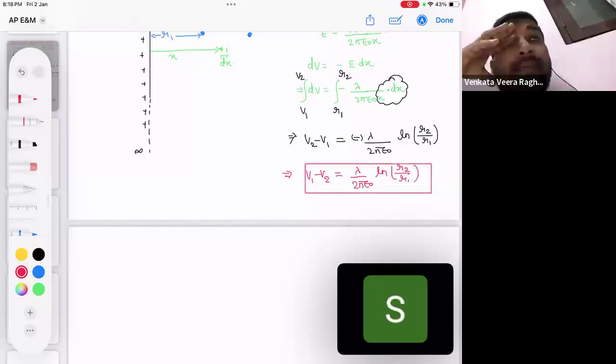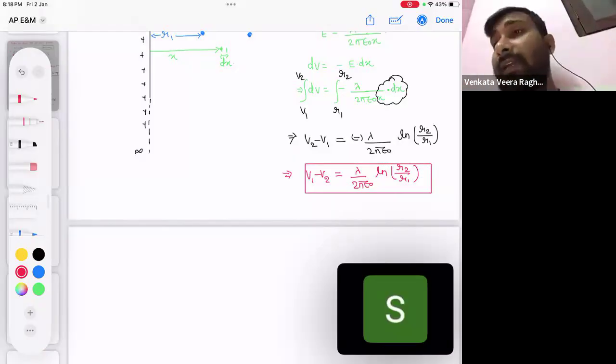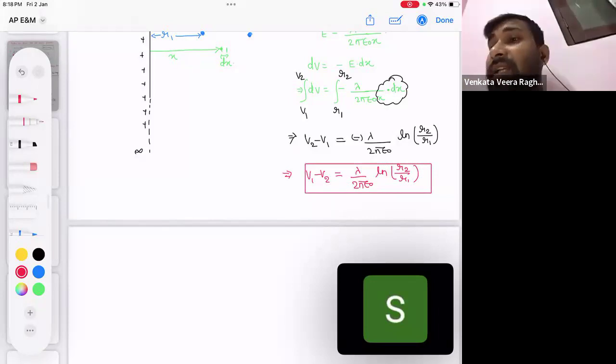So please keep in mind whenever a question gives an infinite line charge or an infinite sheet and we want to calculate the potential difference, we should always take the help of dV equal to minus E dot dx.